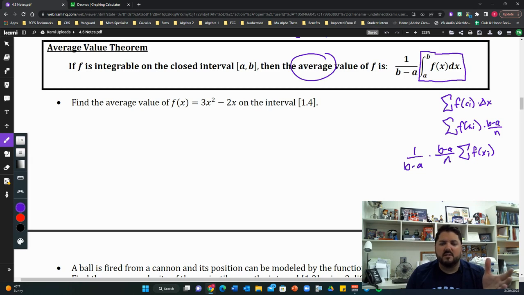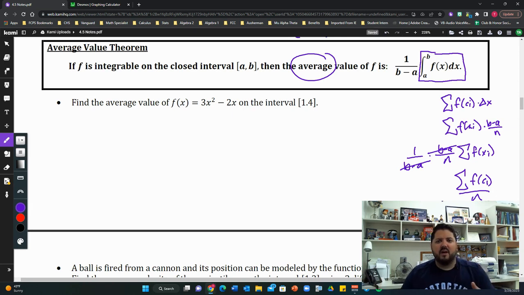When we do that, essentially we're canceling these out, and we end up taking the total of all these y values divided by n, which is like the average value of all of those y values. So it's a roundabout way, but in doing so, it allows us to take a function with a real-world meaning and then actually calculate the average value for that function within that interval.